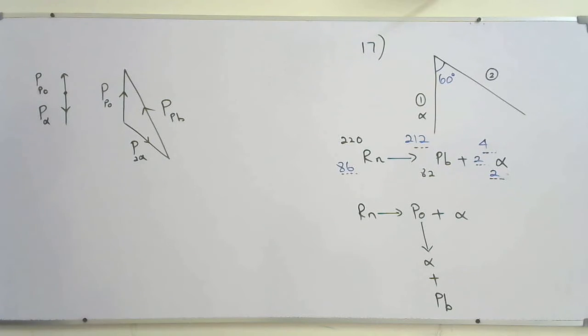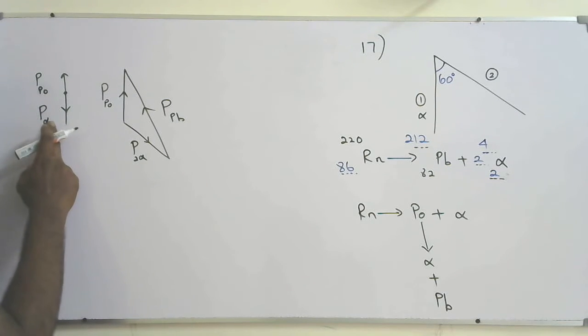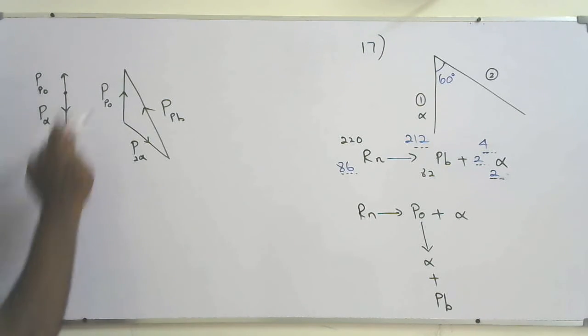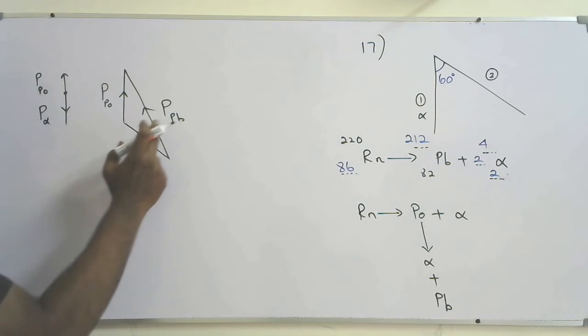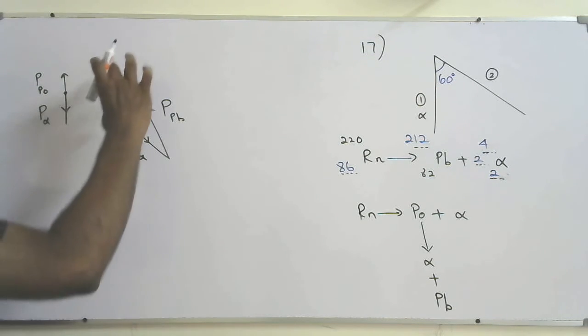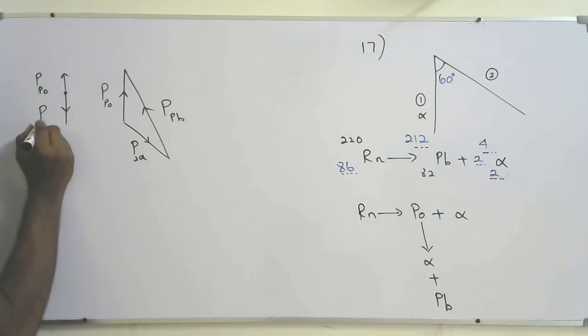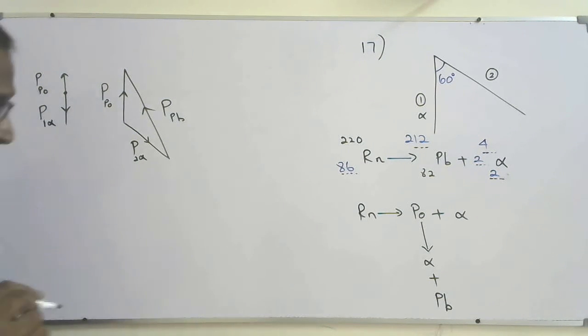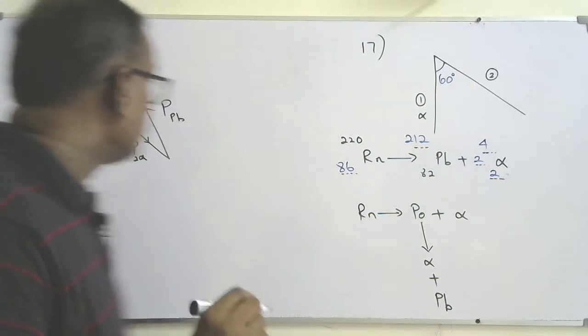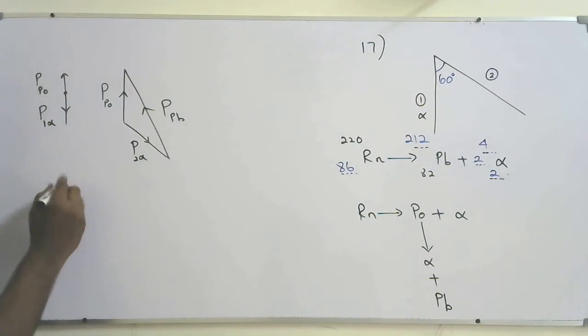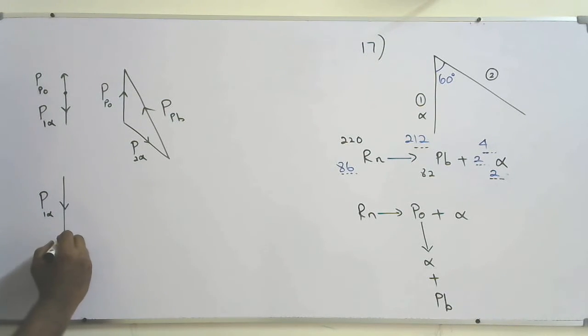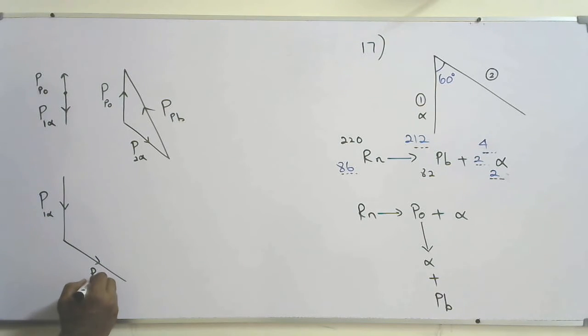Now we need to sketch a vector diagram that includes the momentum of the first alpha particle, which is equal to the momentum of the polonium, then the momentum of the second alpha particle and the momentum of the Pb. So I can replace this momentum by the momentum of the first alpha particle, P1 alpha. The vector diagram for the second part should be like this. The same line should be drawn this way: P1 alpha, and this is P2 alpha for the second alpha particle.